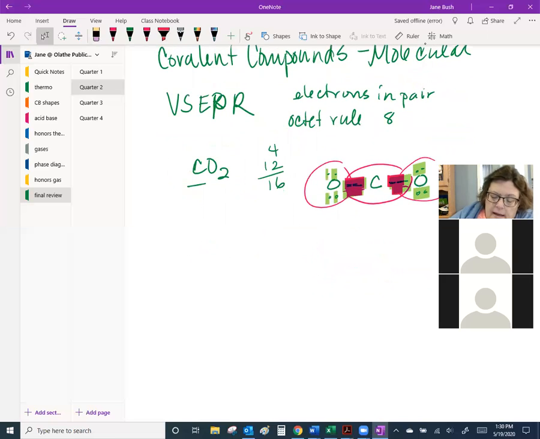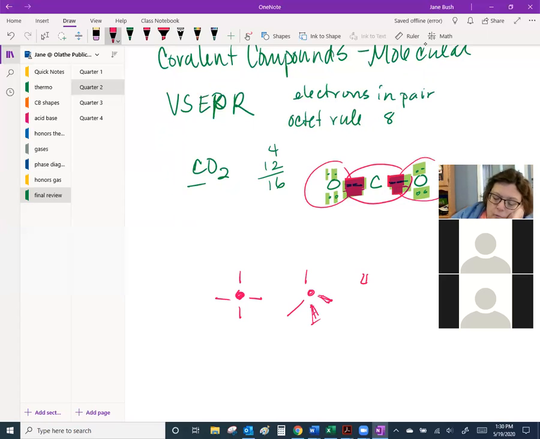When we build these, if we have something that has 4 bonds on it, that is going to be a tetrahedral shape, because the other piece of talking about electrons is the fact that they are going to push each other apart as far as possible.